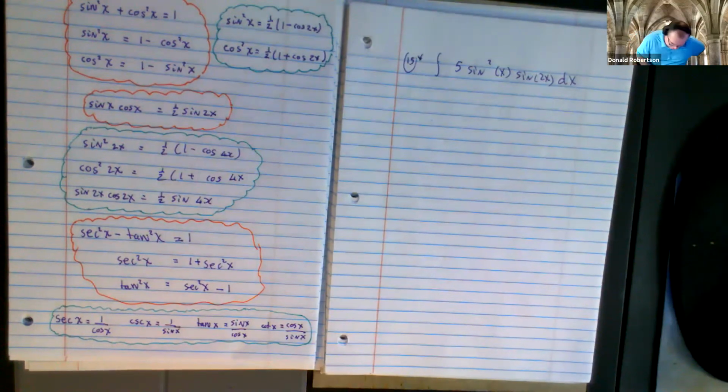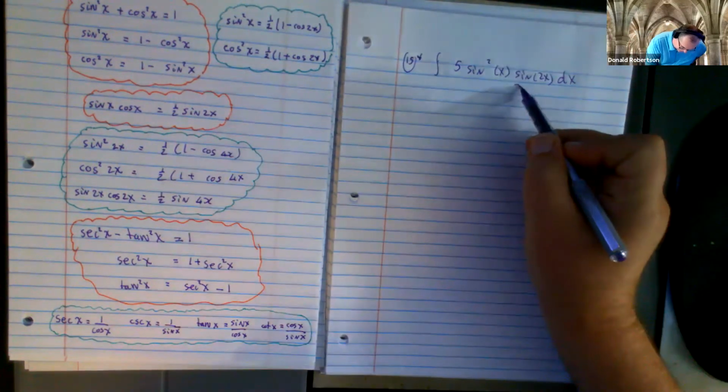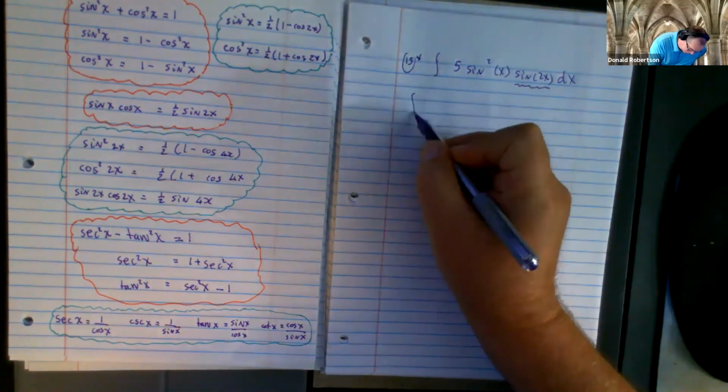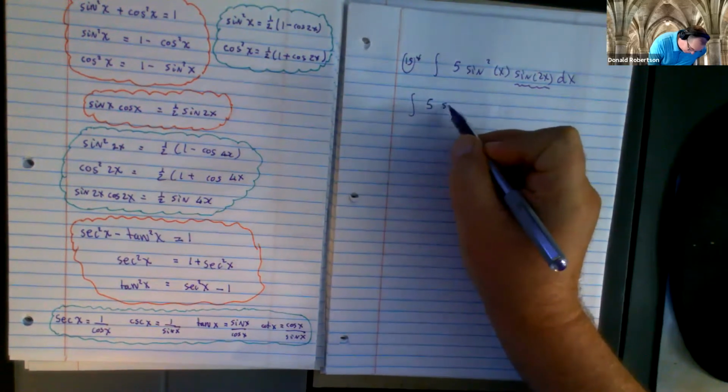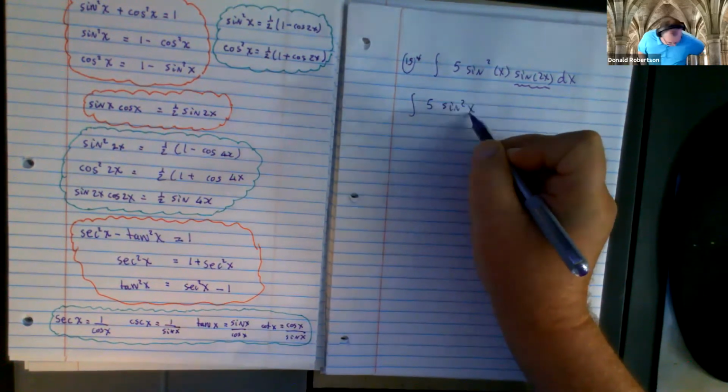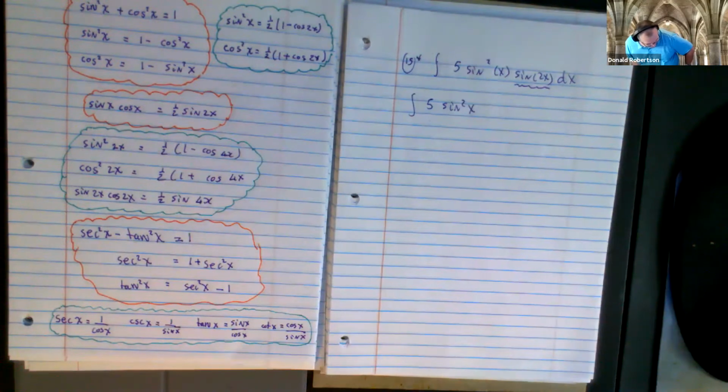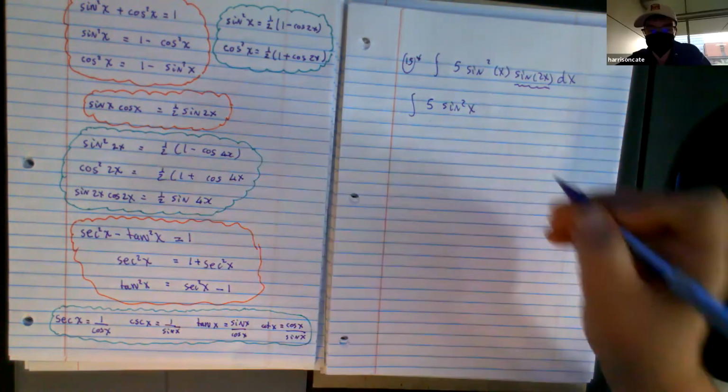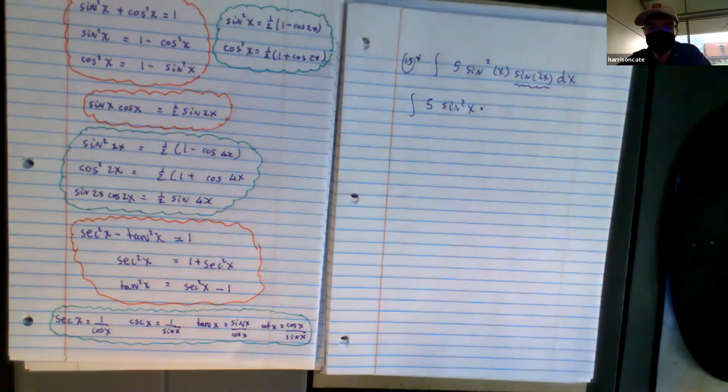Okay, looks really good, except that guy. I need the sine of 2x to be turned into somebody else. The sine of 2x, I need to change it. What can you rewrite it as in terms of sines and cosines? 2 sine x cosine x.